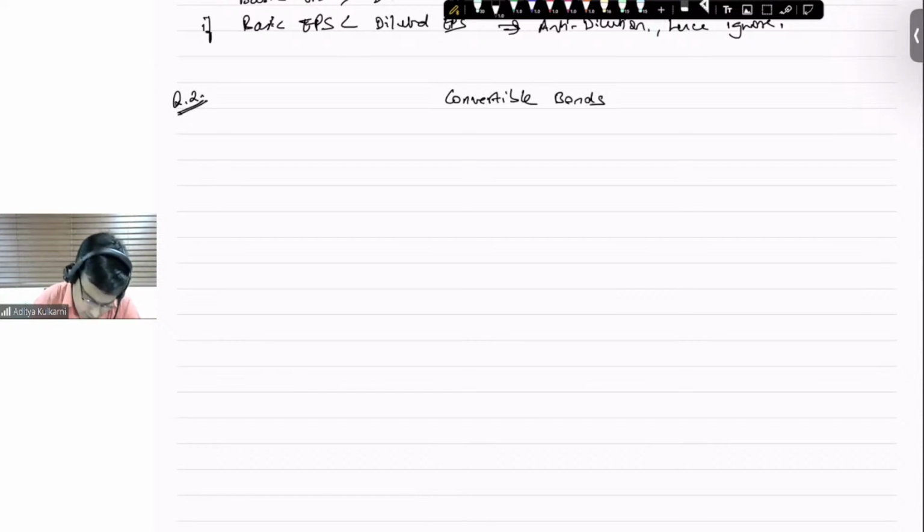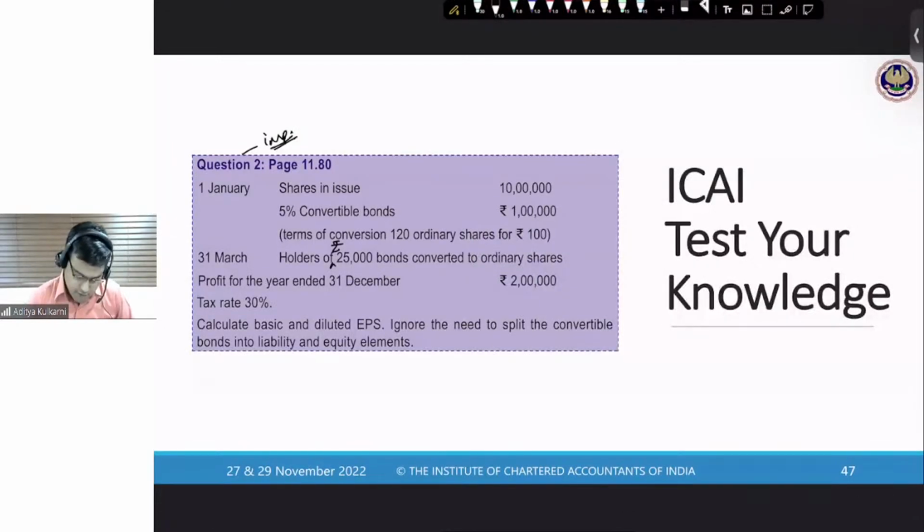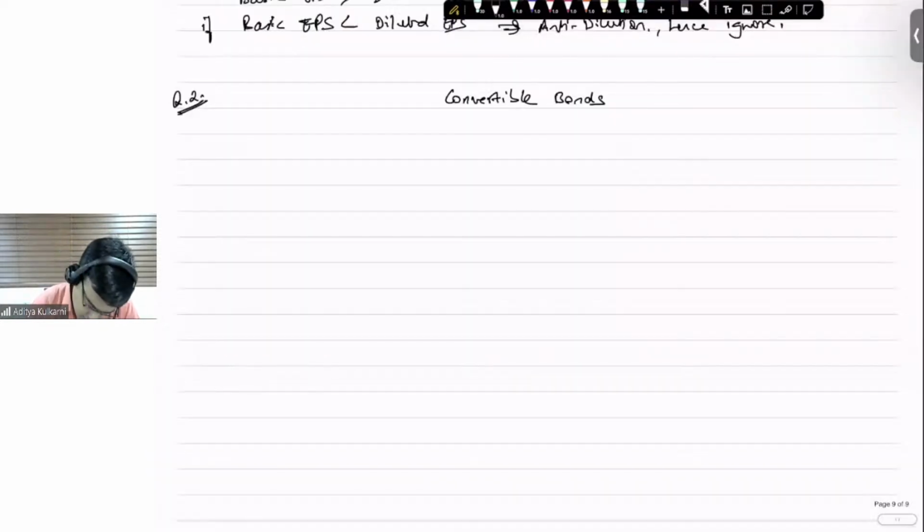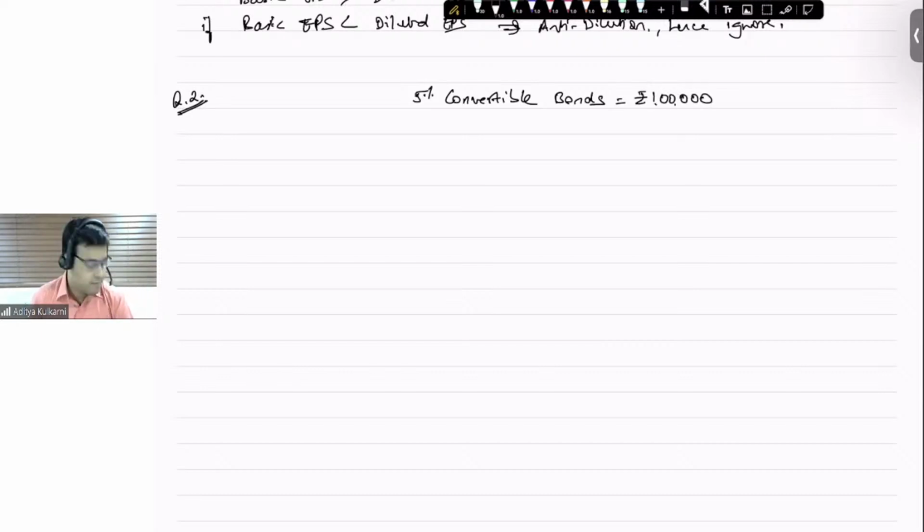What are the terms of conversion? 120 ordinary shares for rupees 100. So 5% convertible bonds of rupees 1 lakh.